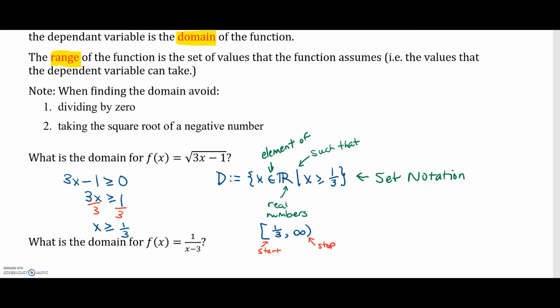You'll notice that my start value uses a square bracket because x can be equal to 1/3 but not less than. Whereas it can go up to infinity, but it's impossible for a number to actually equal infinity because infinity is never a defined value. There's always a value larger. So we use a round bracket to mean that it cannot equal infinity.